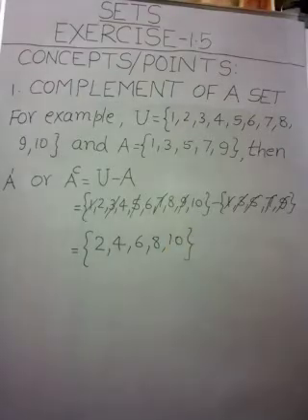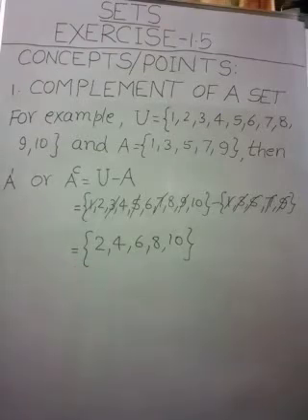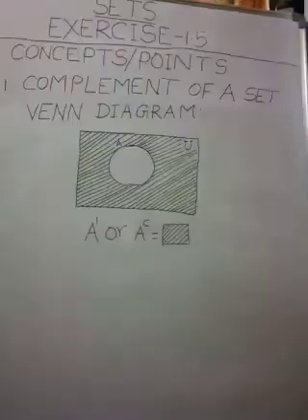These are the elements left in the first set. Again I told you, we should not consider the elements which are left in the second set after cancellation. So this is A complement or A dash. Understood, my dear children?